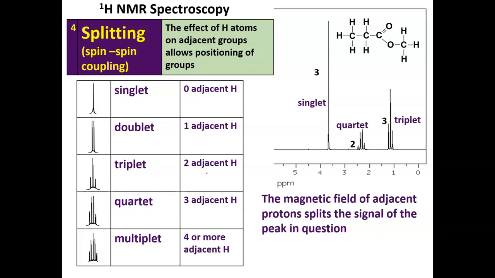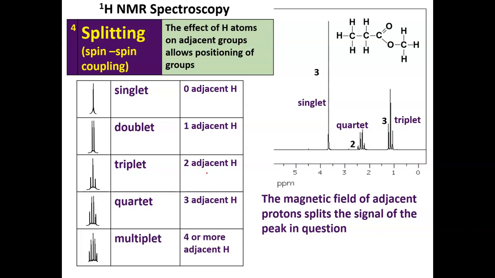The multiplet, which we don't have on our spectrum, is of course far more complicated, and that will have 4 or more adjacent H's. So there's actually a very simple relationship between the splitting value, that singlet, doublet, triplet, quartet, and the number of adjacent H's. And of course, this is referred to as the N+1 rule.